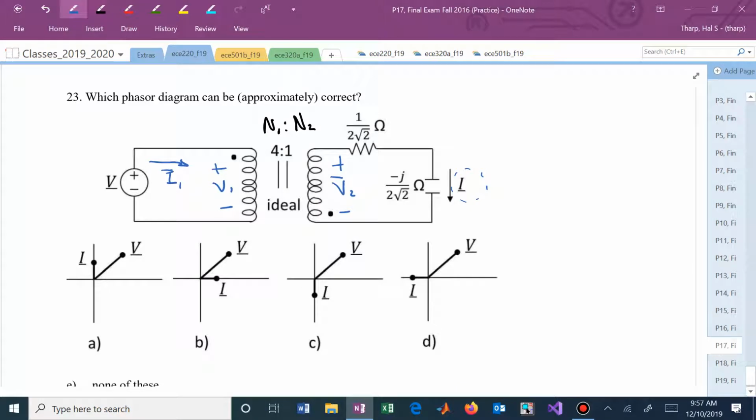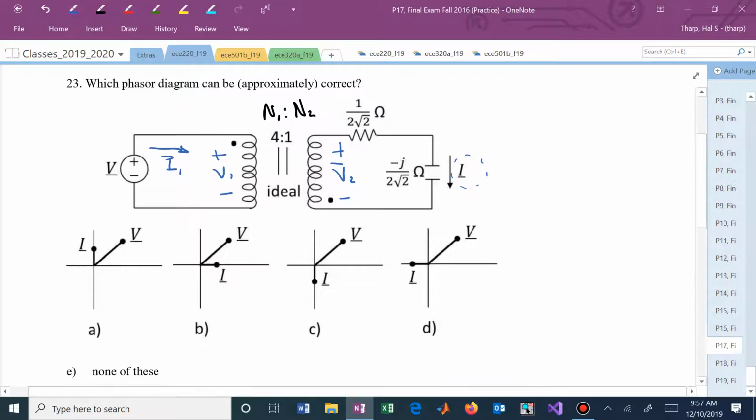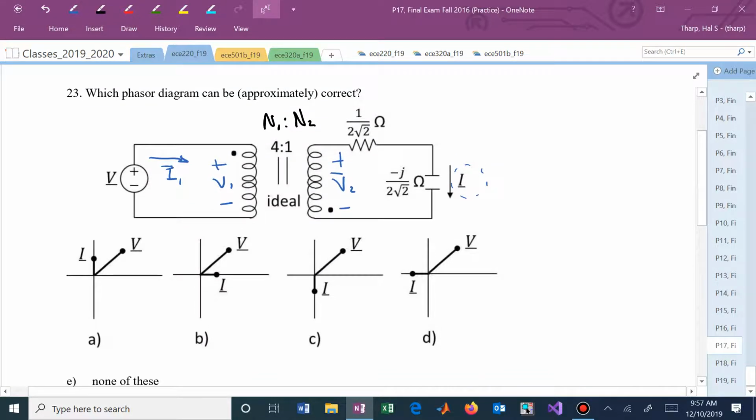So now how do I proceed? They didn't even tell us what V is. How do we work this? They told us V in the diagrams. All of those are the same, so we can just pick one. And maybe it's easier, maybe not.